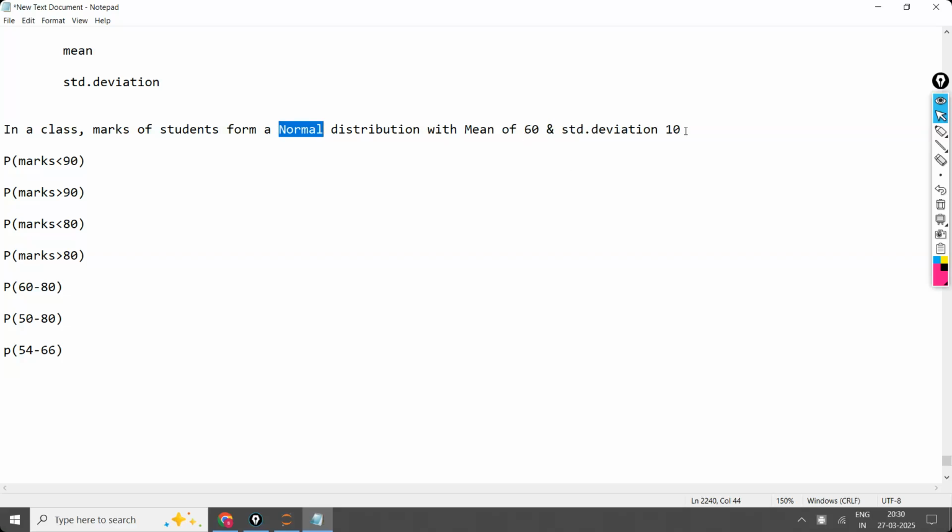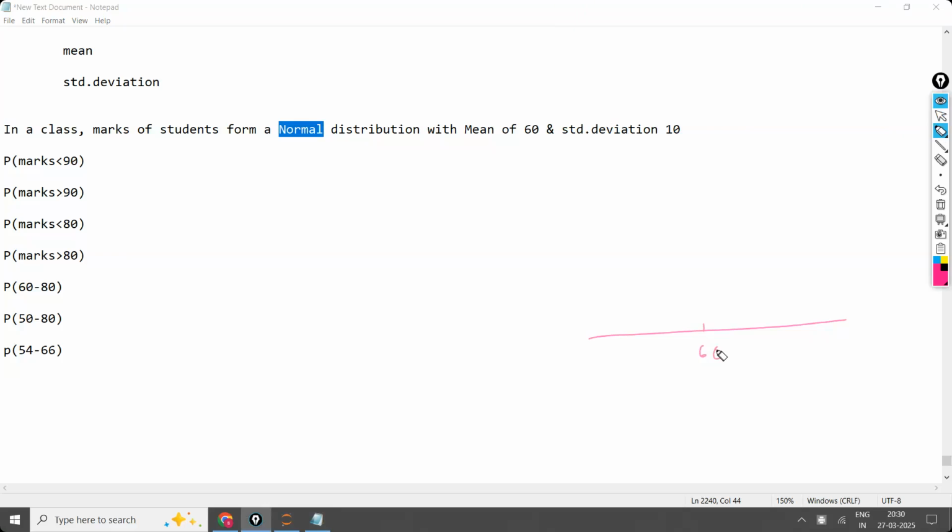Now, coming to the first, after seeing the question like this, what is the first step you have to do? Draw the diagram. That is the first step. What is the diagram? Center 60. After the center, on the right side, how much value do you have to add? Mu plus 1 sigma. What is mu? 60. 60 plus 1 into sigma.